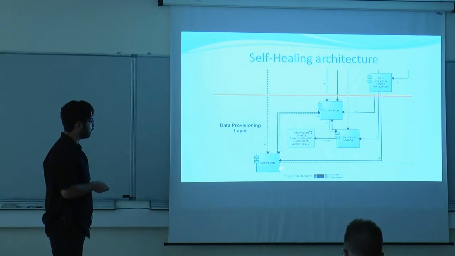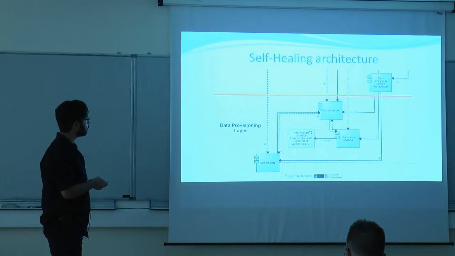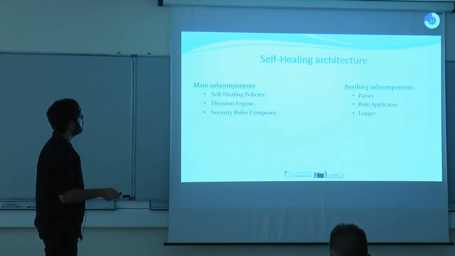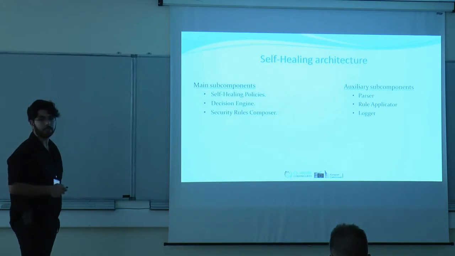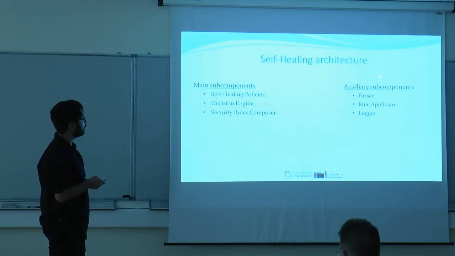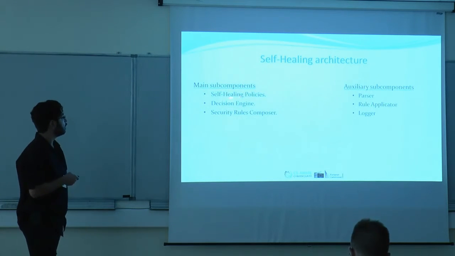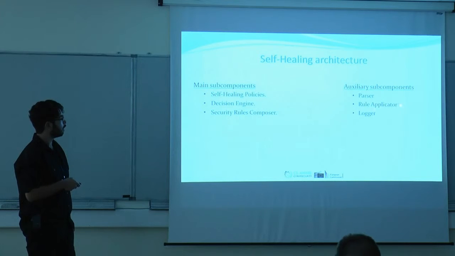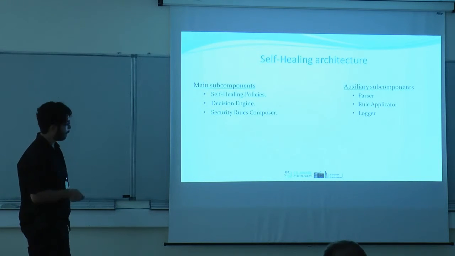So self-healing is one of them, and it uses cyber threat intelligence, which comes from previous components. The architecture of this self-healing model has main subcomponents and some auxiliary ones. The main subcomponents are these three: the self-healing policies, the decision engine, and the security rules composer, and the auxiliary ones are the parser, rule applicator, and logger.